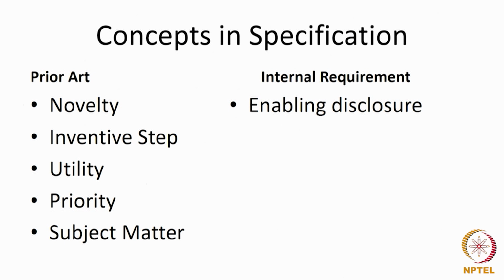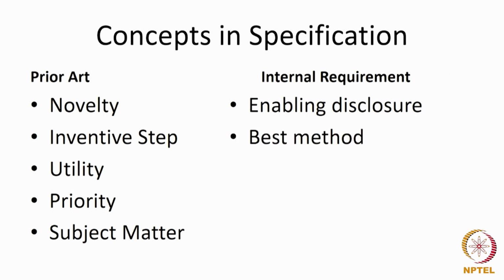So, it has to be a complete disclosure, and the disclosure should also enable the person to come up with the invention. So, the descriptive part will have illustrations. If a person skilled in the art looks at those illustrations, he should be able to work the invention as it is described and come up with the invention as a product, as an end result.